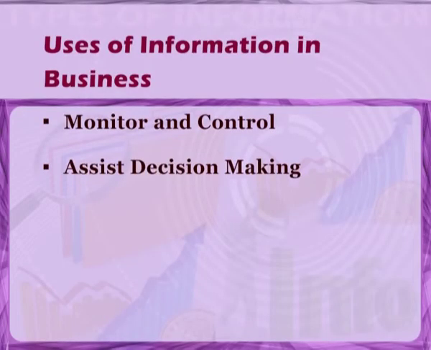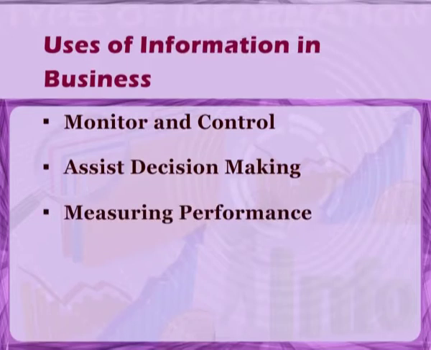Assist decision making. Decision making needs high quality information. It is needed in all the decisions regarding developing a new product, entering a new market, deciding on equipment or software to purchase, or even when it comes to recruiting new staff. Measuring performance.